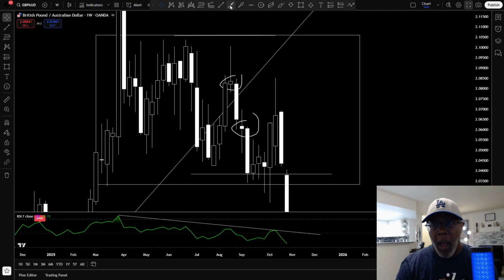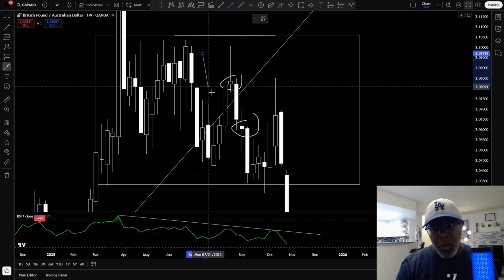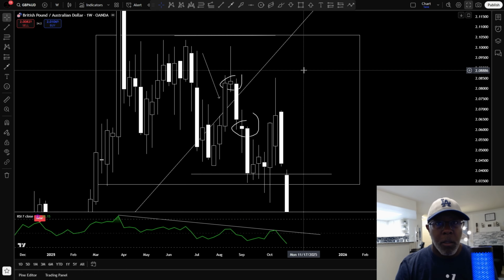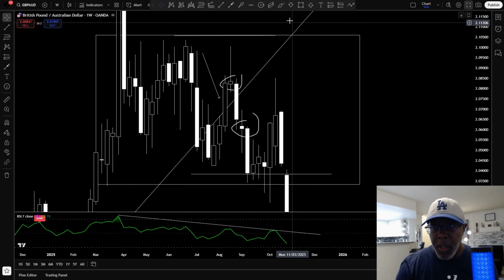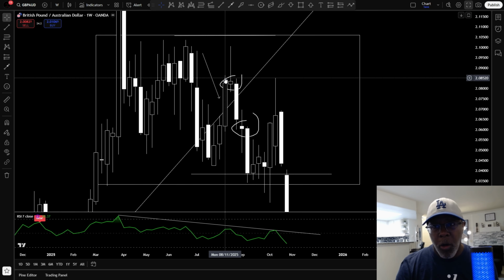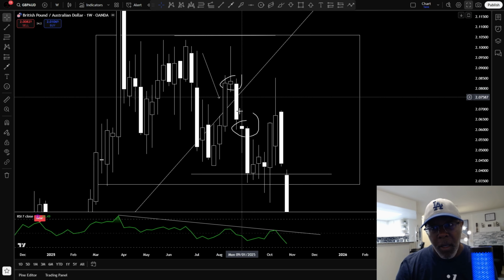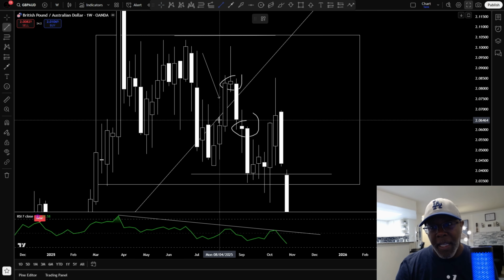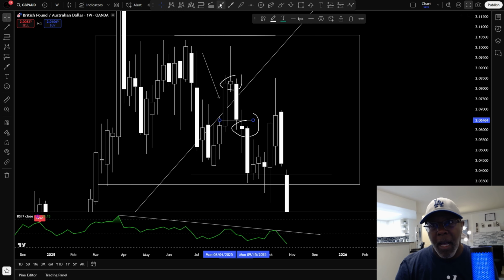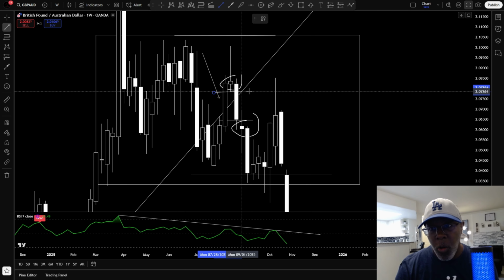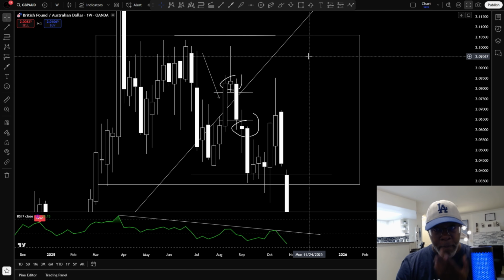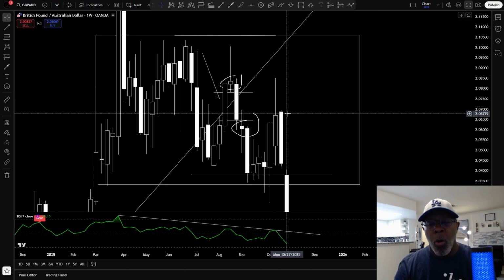So how we got involved, of course, drum roll, was 3-bar reversal, or trade 3BR. So that was a bullish engulfing candle, followed by a doji, followed by trigger and entry, taking out the doji, closing below the doji. So that was confirmation that it was going to be time to go on this.